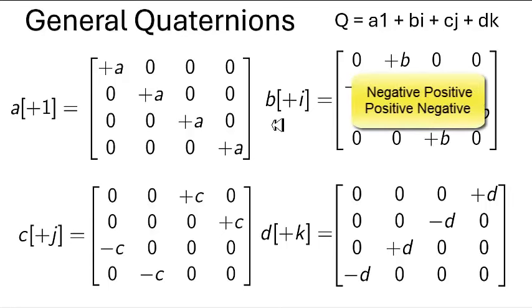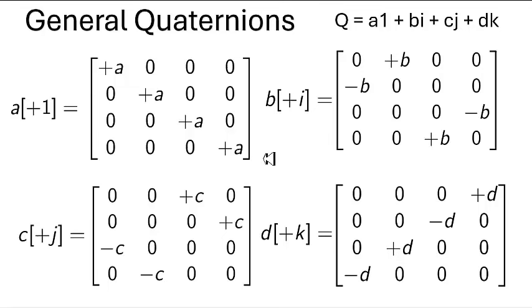Okay, so just so you don't get the false impression that the A's have to be positive. If A happens to be negative, there are going to be negative values on this diagonal. I just wanted to clear that up. I thought that might confuse some people.